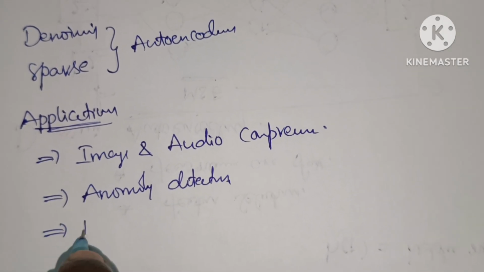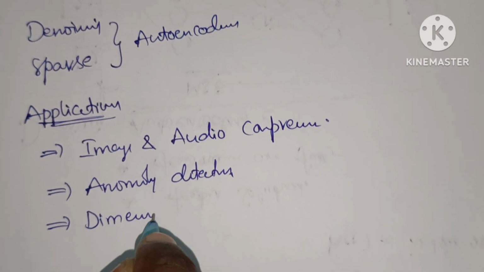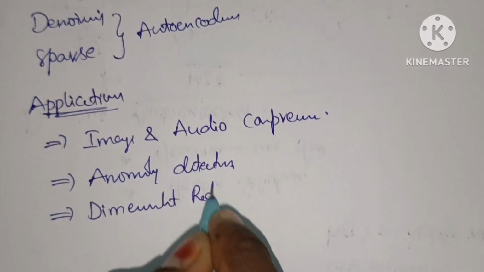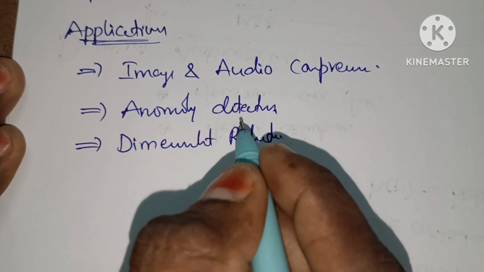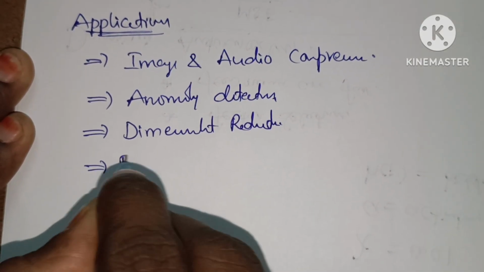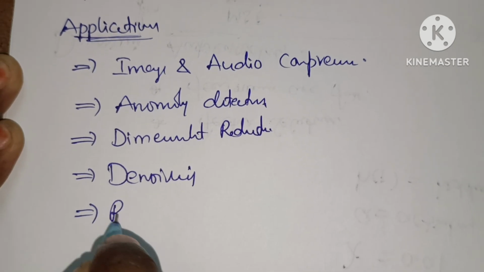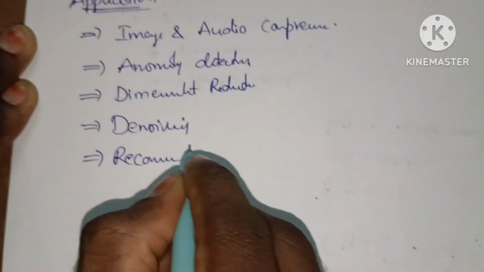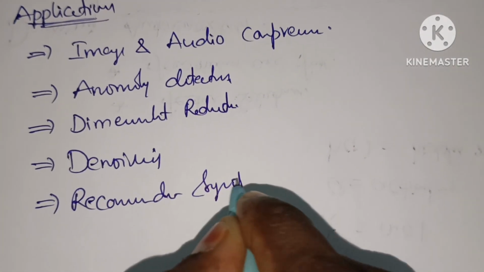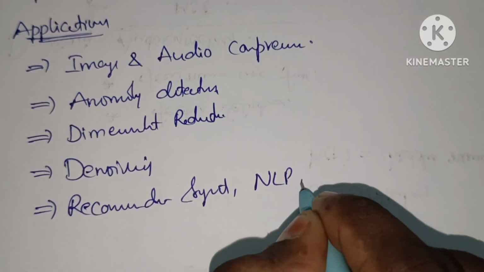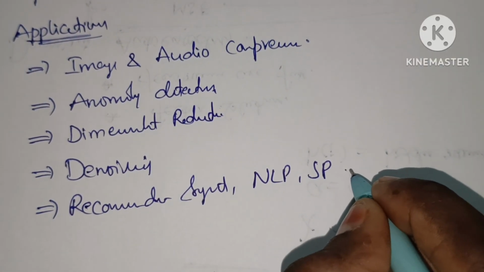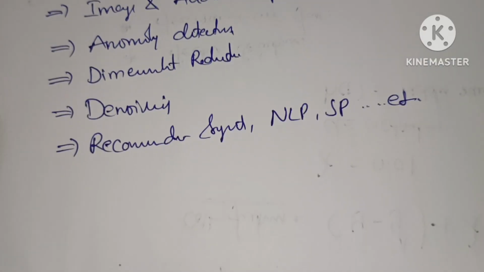And next one, dimensionality reduction. Next one, denoising, the name itself says denoising. Next one is recommender systems, and also NLP, natural language processing, speech processing, and so on. Is it clear?